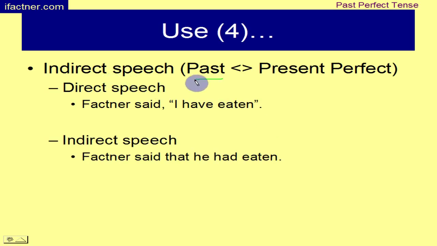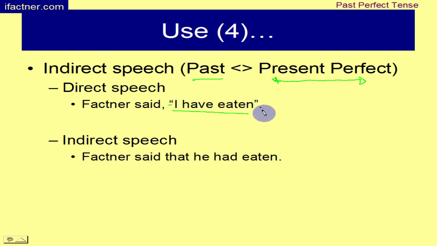Past perfect tense and present perfect tense. How do we change the present perfect tense into past perfect tense in the indirect speech? Fechner said, "I have eaten."